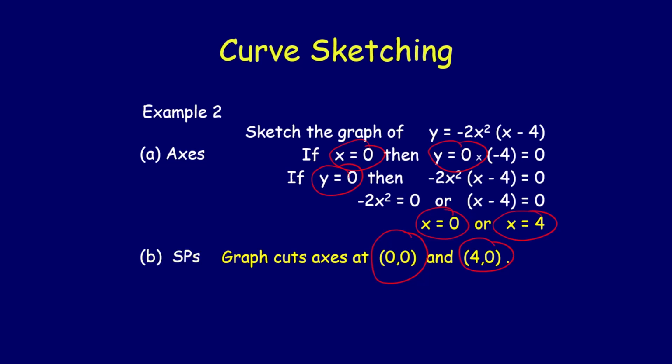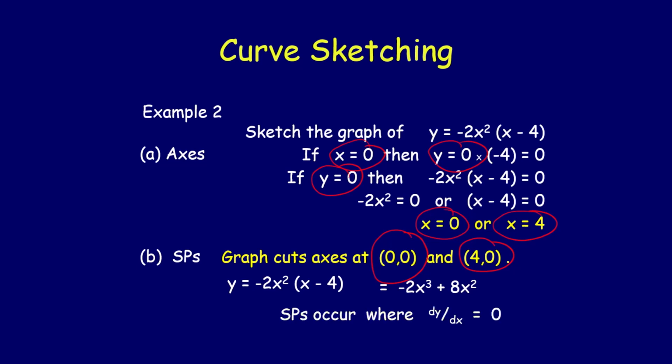Now let's go to the stationary points. The stationary points, we get by first differentiating. Remember, we say the stationary points occur where the derivative of that function is equal to 0. So we start by differentiating y equals negative 2x squared into brackets x minus 4.